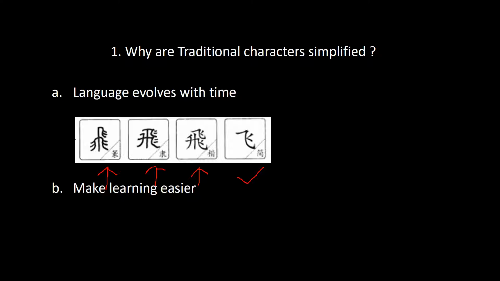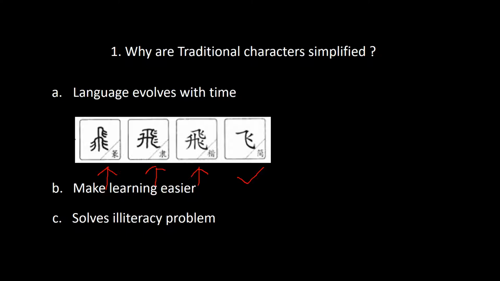It's unlike the English language, whereby you have alphabets like A, B, C. In the Chinese language you don't have alphabets. It's all strokes and more strokes. So the reason why these characters are simplified is because you do not need to write so many strokes.